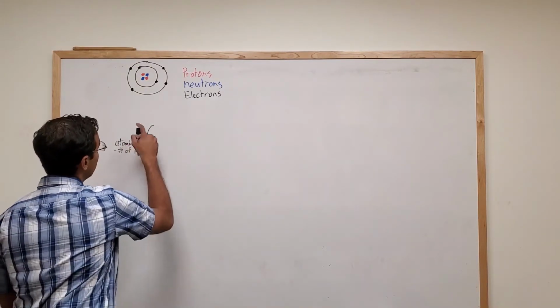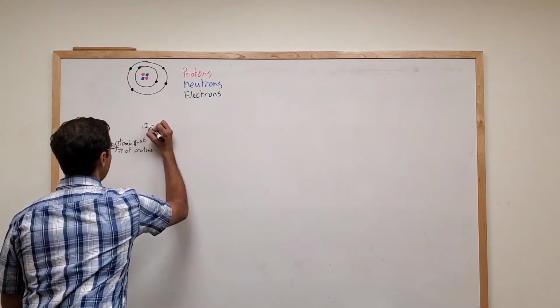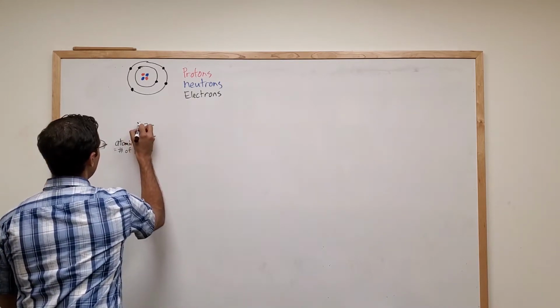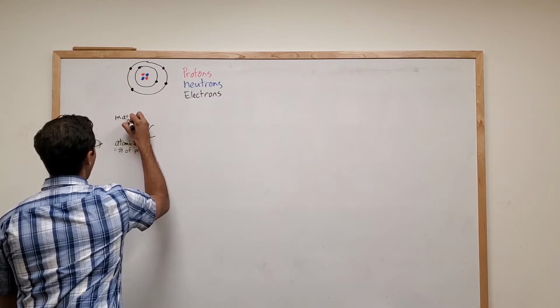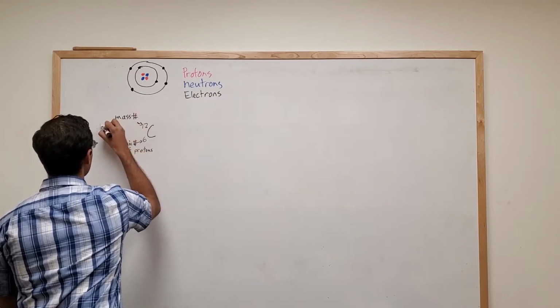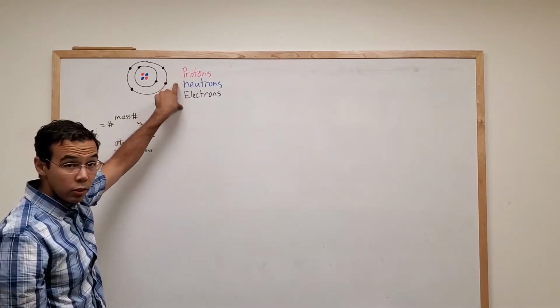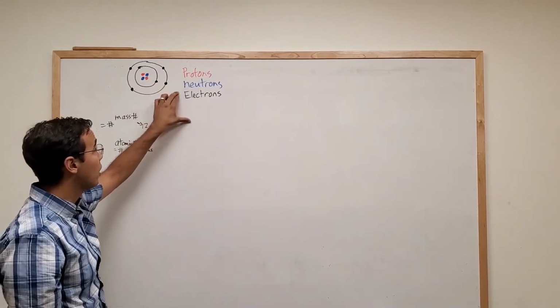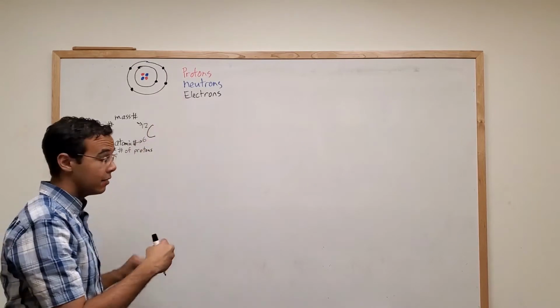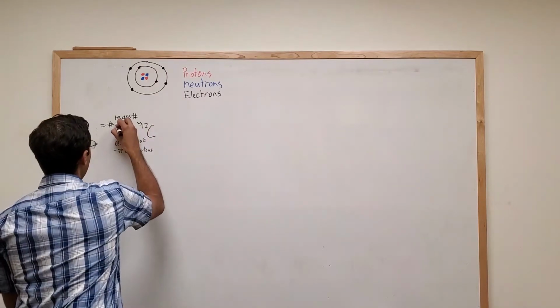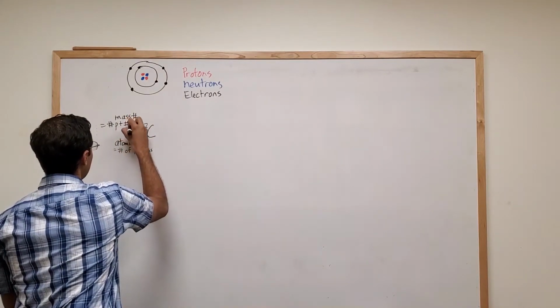And then up here, what we'll have is something called the mass number. I'm going to abbreviate protons as P and neutrons as N, and as we go on later, I'll abbreviate electrons as E. So the mass number is the number of protons plus the number of neutrons.